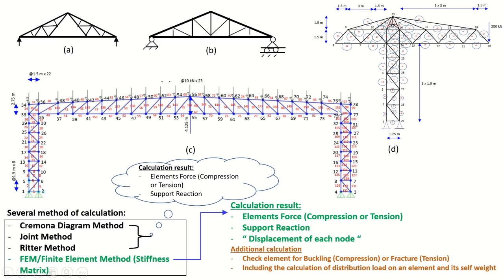When we see, for example, this structure, we see there are many nodes. When we use this finite element method, we will know how each of these nodes will move. What is the displacement of this node?